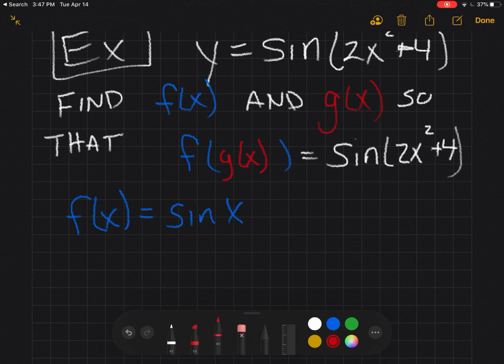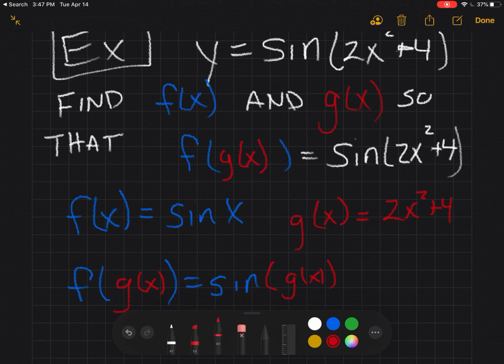So I'm going to give you my first two possibilities here. I'm going to say that f of x equals sine x, and g of x equals 2x squared plus 4. All right?